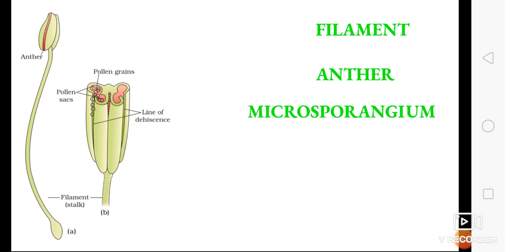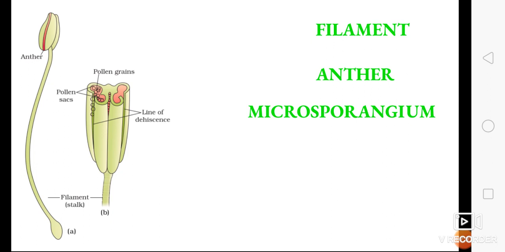And within an anther, there are two lobes. Within each lobe, there will be two microsporangia. So within one anther, there will be total 4 microsporangia. Within microsporangium, there will be production of microspores. So we have to learn the structure of microsporangium.